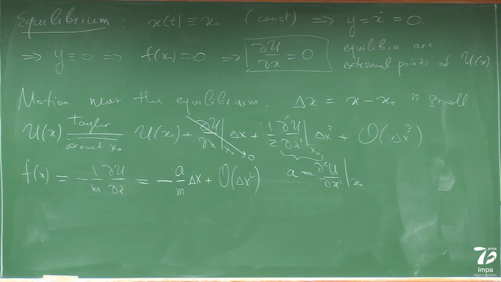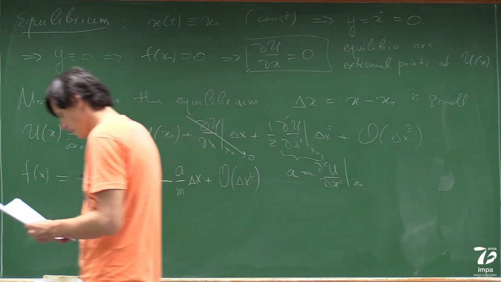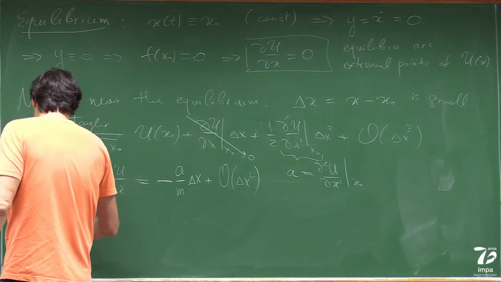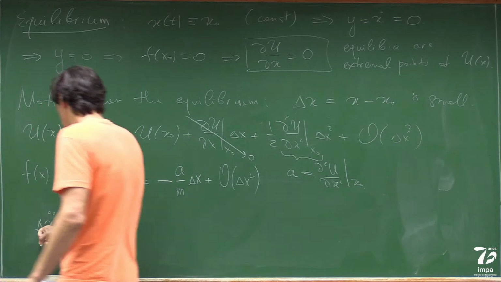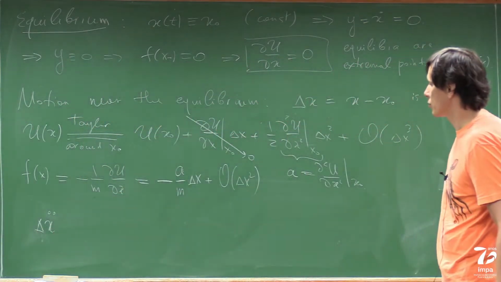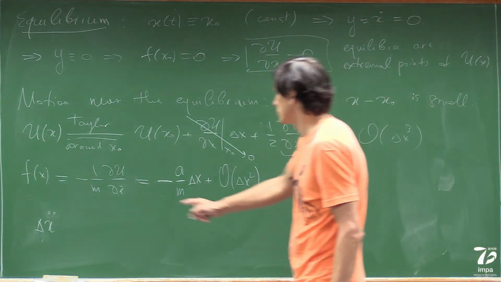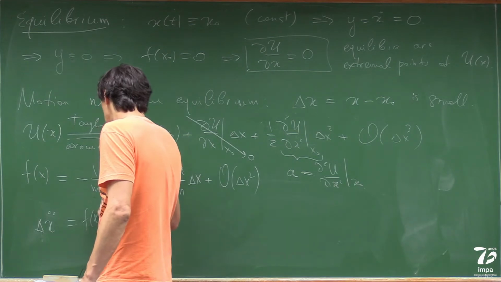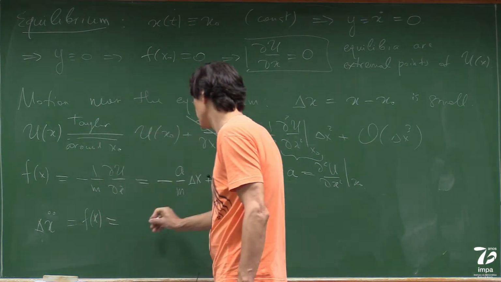Okay. And then you use this function in the equation of motion. So you have acceleration. We can put delta because subtracting x0 inside the derivative doesn't change anything. And this is equal to f of x, which is this.